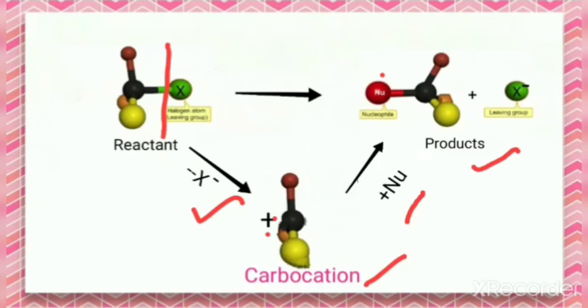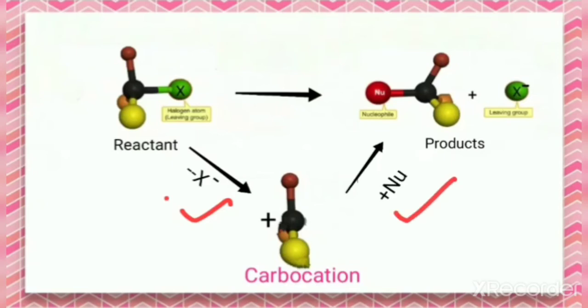So this reaction takes place in two steps. In the first step, cleavage of the C-X bond results in the formation of a carbocation, and in the second step the nucleophile attacks to form the product. So here also two steps are there: this is step 1 and this is step 2. Step 1 is the rate determining step.